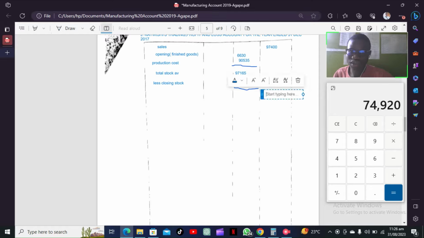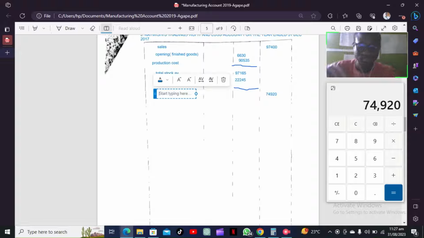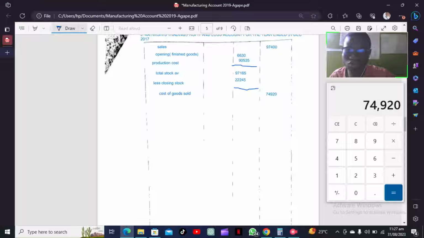Then now this figure, we're going to throw it to the last column here, 74,920, like so. And this one, the same names. This will be our cost of goods sold.